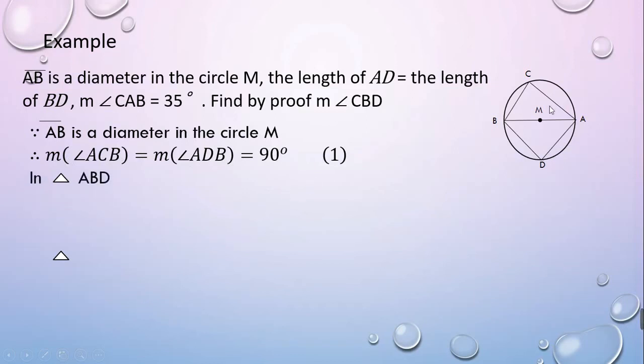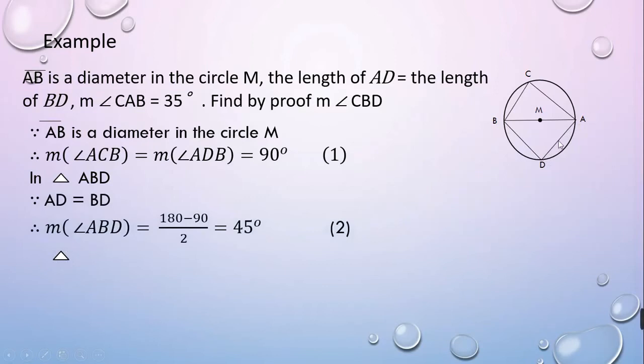And in triangle ABD, since the length of AD equals the length of BD, I have here an isosceles triangle, and the measure of the angle ABD equals 180 minus 90 over 2 equals 45 degrees. So this angle is 45 and that angle also is 45. But we need this to find CBD.